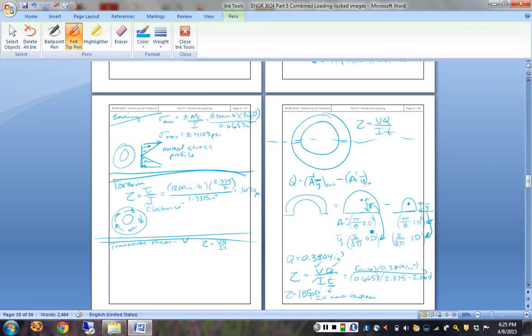What does this one look like? We've already said it's 0 here and here, 0 at the top and bottom. Tau equals 0, tau equals 0, and it increases quadratically from here to the max here. And are they up or down? Which way do they point?